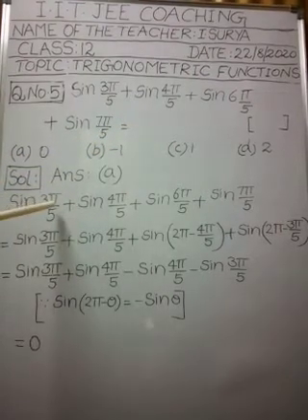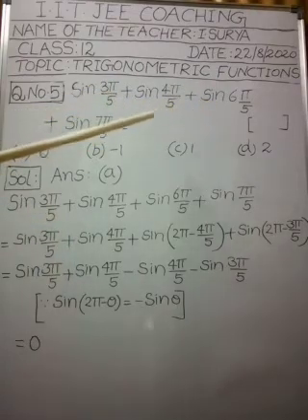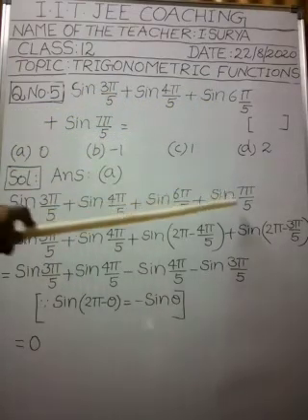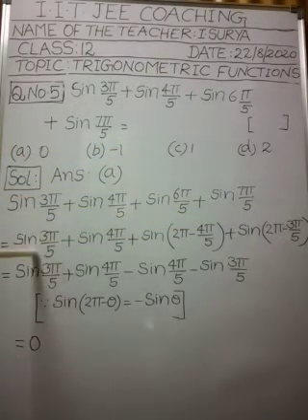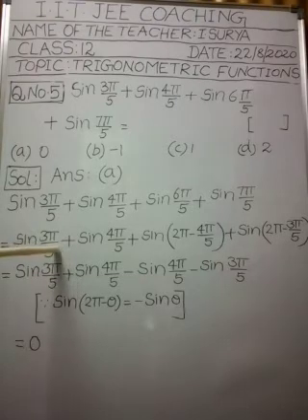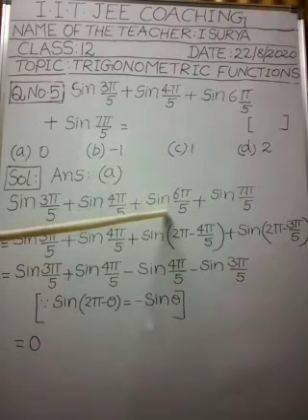Let us see the explanation. Sine 3 pi by 5, I wrote the given expression as it is in the first step. Okay, my children? Right. I wrote this first term as it is in the next step, sine 3 pi by 5 plus sine 4 pi by 5. Second term also I wrote as it is. Now come to the third term.